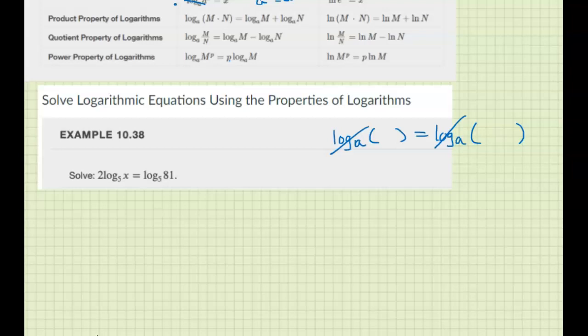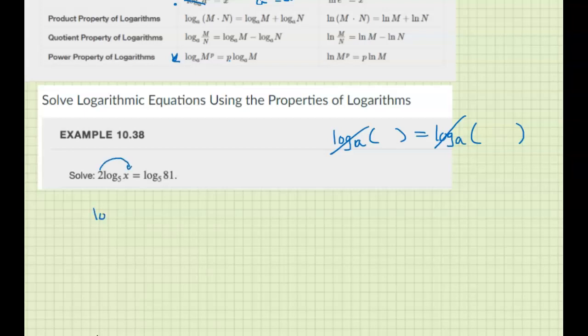So here we have 2 log base 5 of x equals log base 5 of 81. This is almost good because you have log base 5 on each side, but this 2 is annoying. It's in the front. So we're going to use this rule right here. If you have a number in front, then it comes up as an exponent.